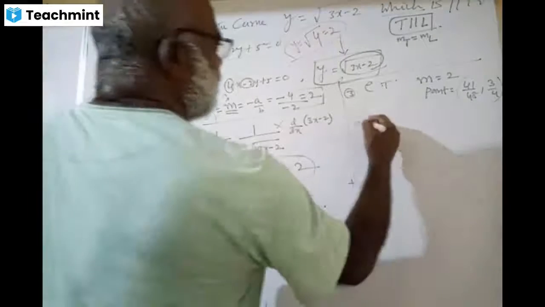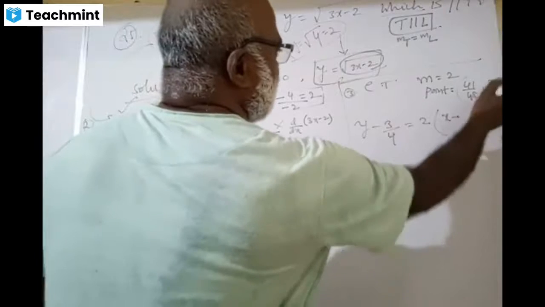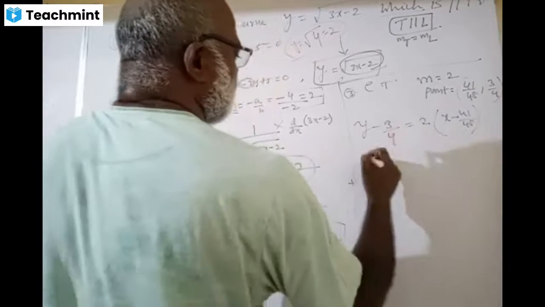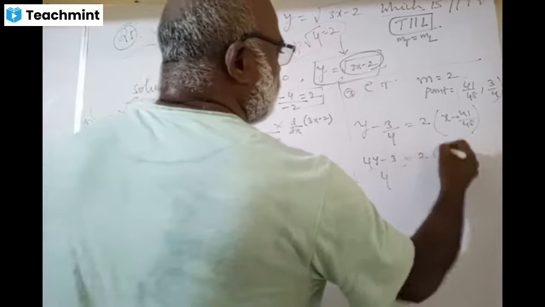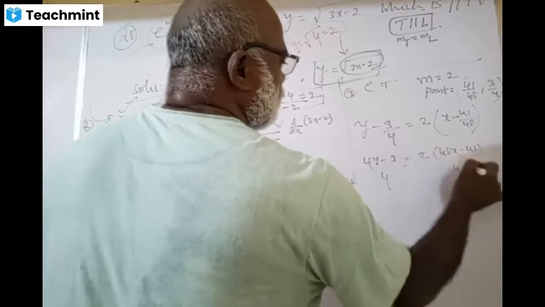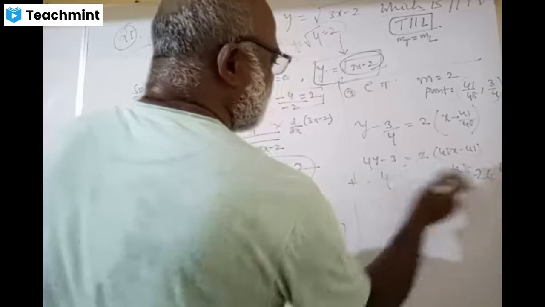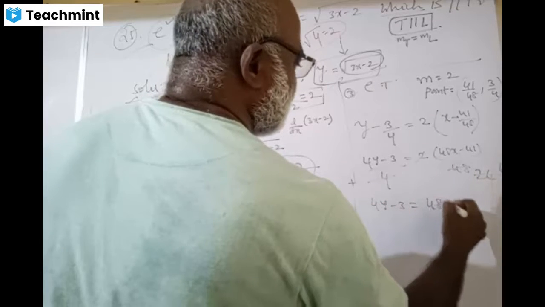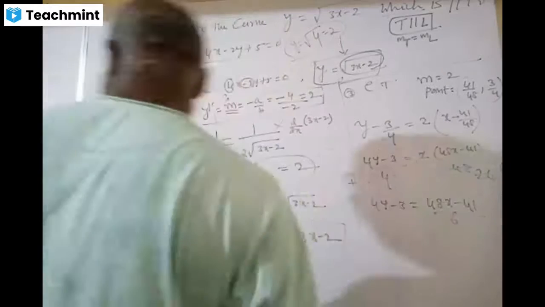So write it now: y minus y1 equals m into x minus x1, dears. x1 is 41 by 48. Cross multiply, you get 2 into 48x minus 41 by 48. So 6 into 4y minus 3 is equal to 48x minus 41 by 6.